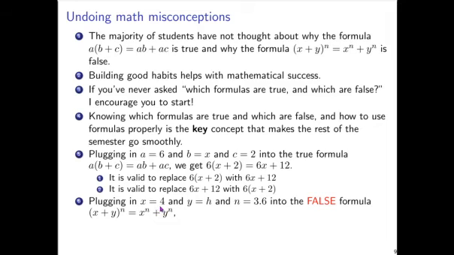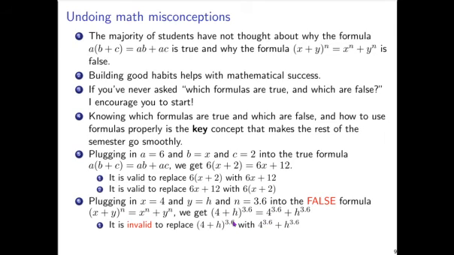Let's look at this false formula, x plus y quantity to the nth equals x to the nth plus y to the nth. If you replace each x with a 4, every y with an h, and every n with a 3.6 into this false formula, you get 4 plus h quantity to the 3.6 equals 4 to the 3.6 plus h to the 3.6. Now that just doesn't work, right?